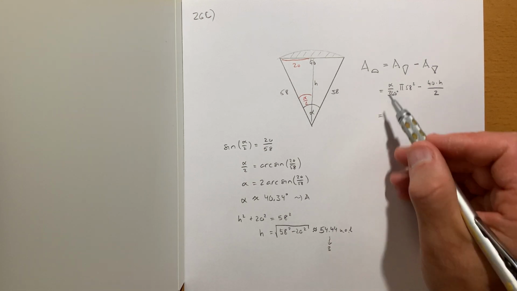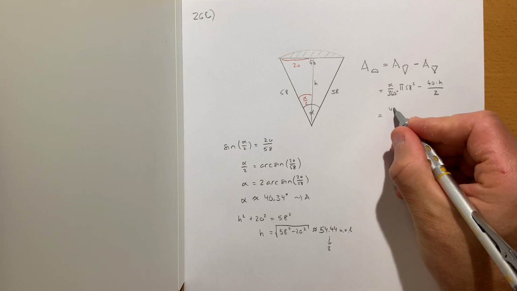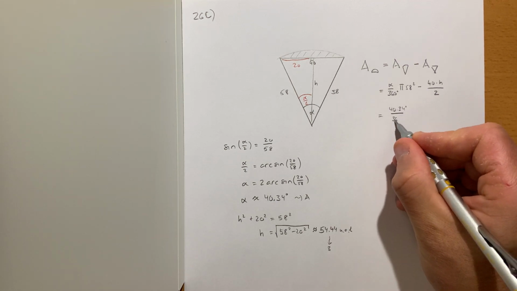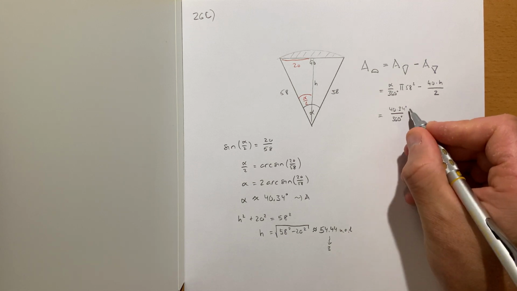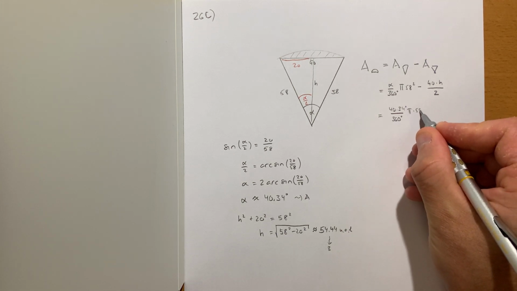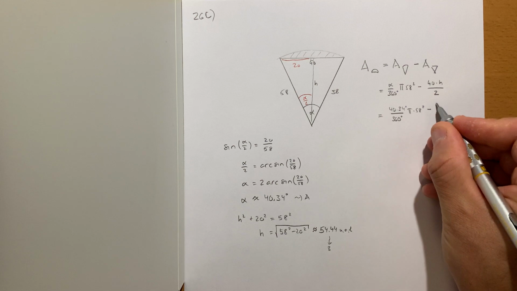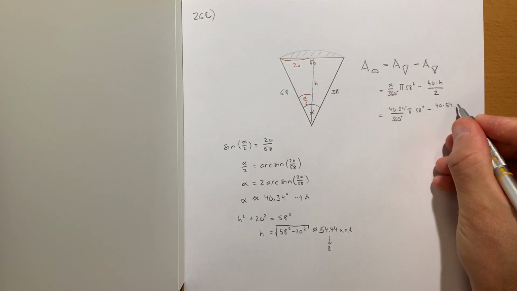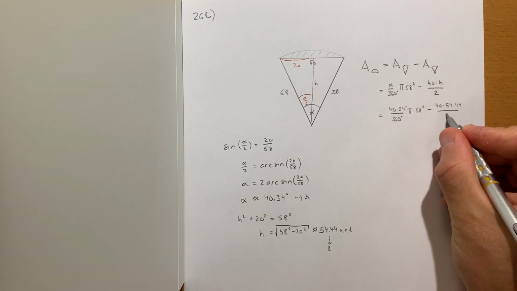Well, alpha is now A, so it's 40.34 degrees over 360, pi times 58 squared minus 40 times the height, 54.44 divided by 2.